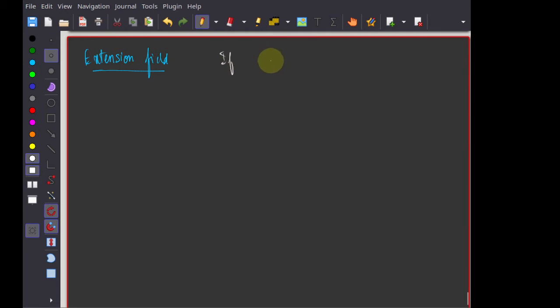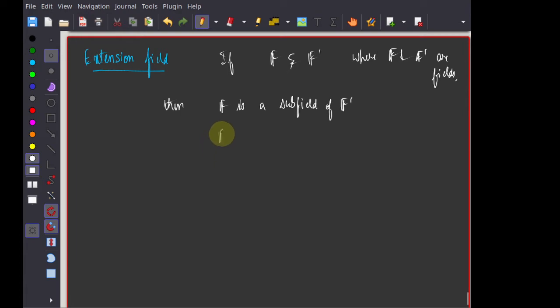So if you have some F which is a strict subset of F prime, where F and F prime are fields, then we basically say that F is a subfield of F prime, or F prime is an extension field of F. So the field of complex numbers is an extension field of the field of real numbers.